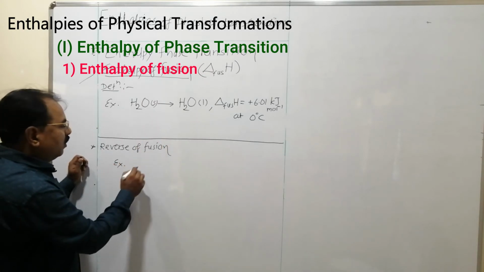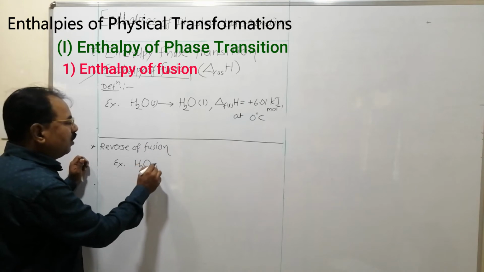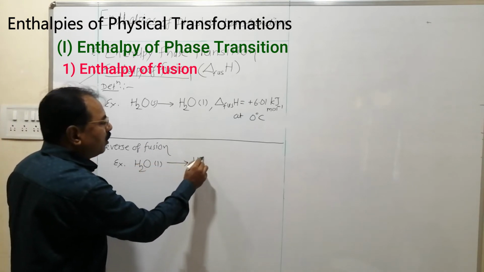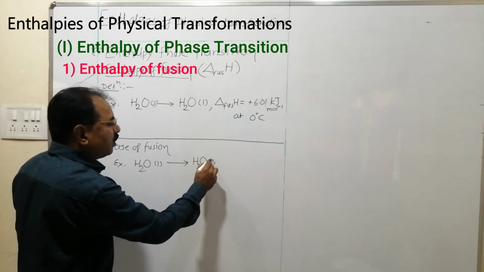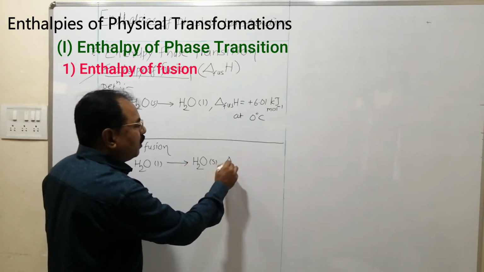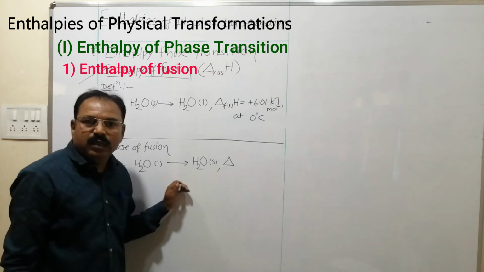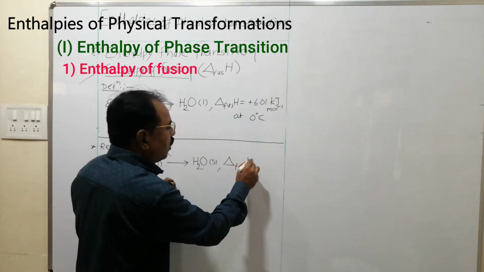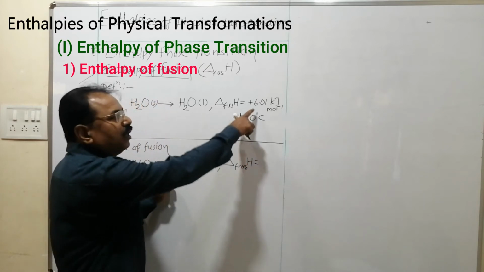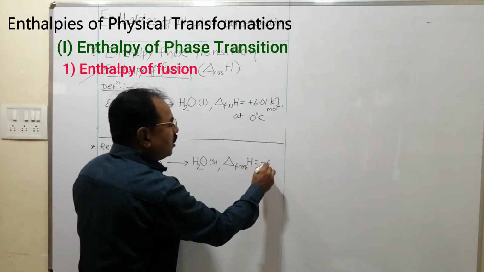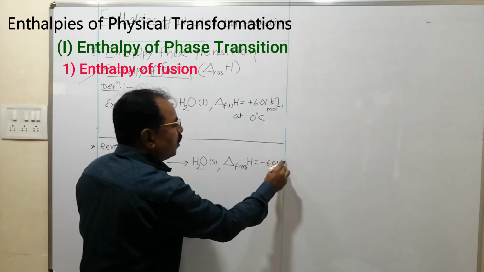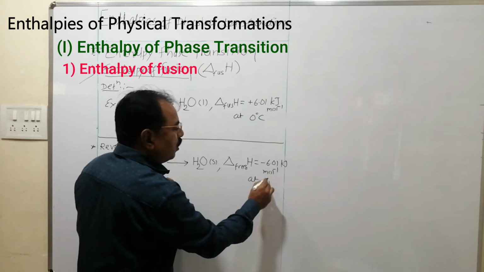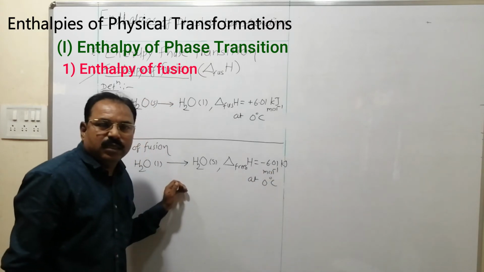Example, H2O liquid converted into H2O solid, that means ice, and the enthalpy of freezing is equal to the opposite of this, minus 6.01 kilojoule per mole at 0 degrees Celsius.